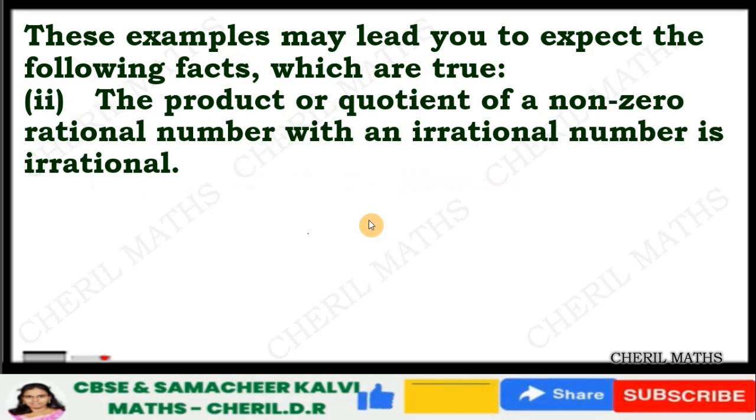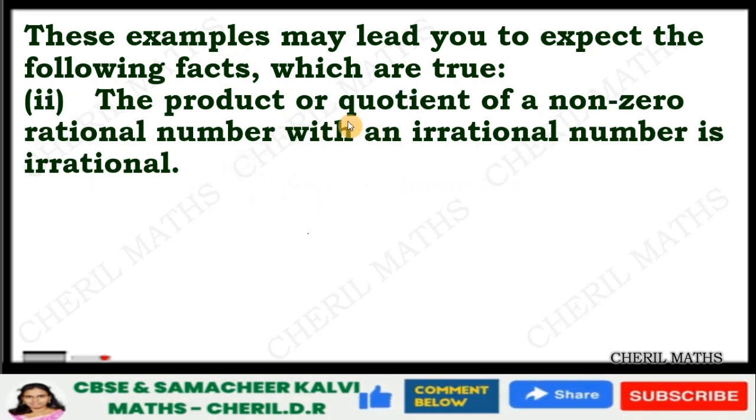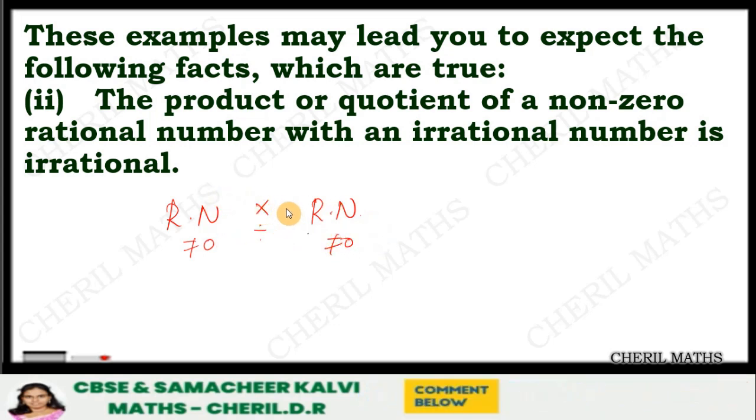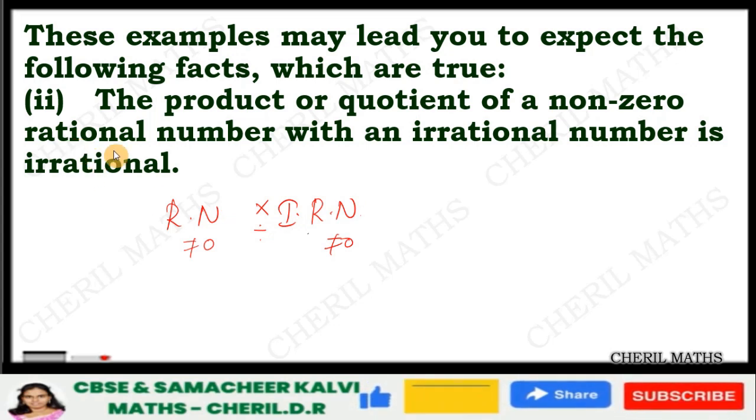The next one is that the product or the quotient of a non-zero rational number, that means we multiply or divide a rational number which is non-zero, it should not be equal to 0, with an irrational number, that will also be an irrational number.